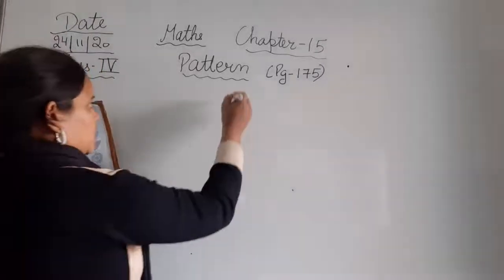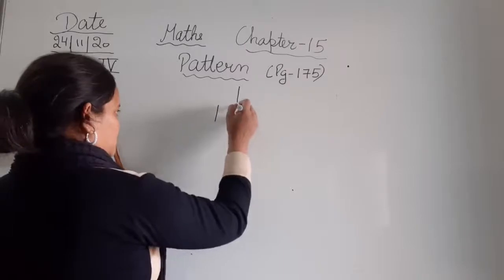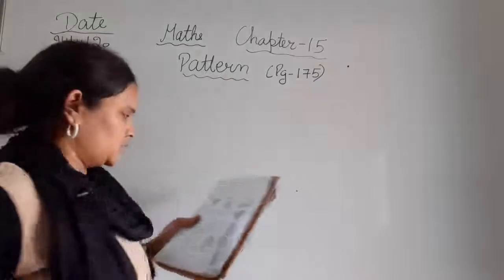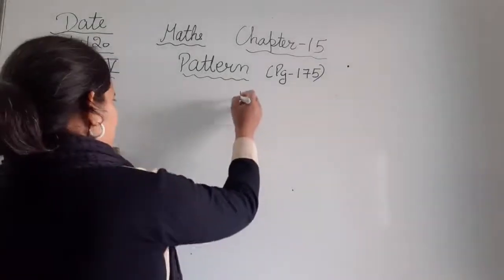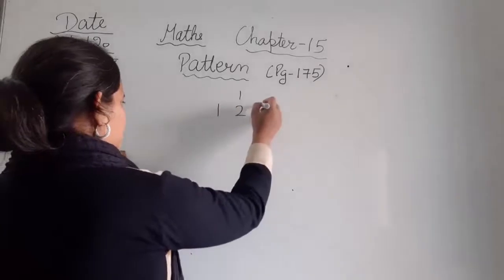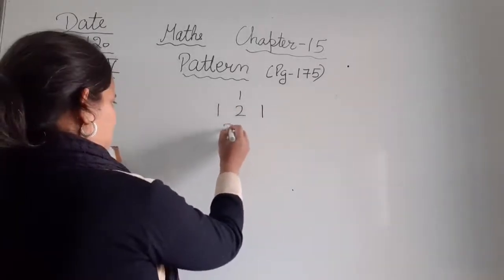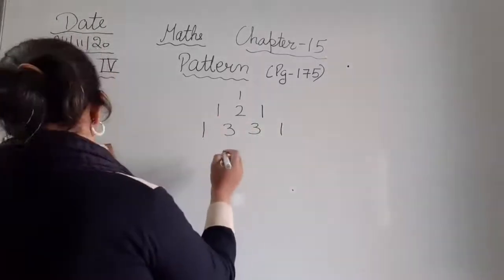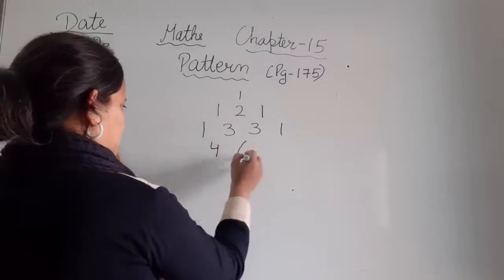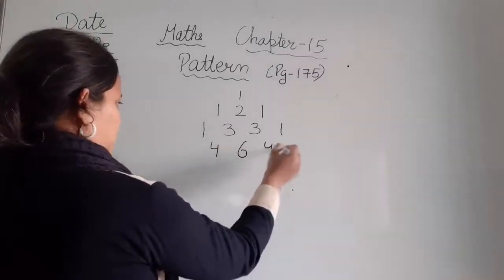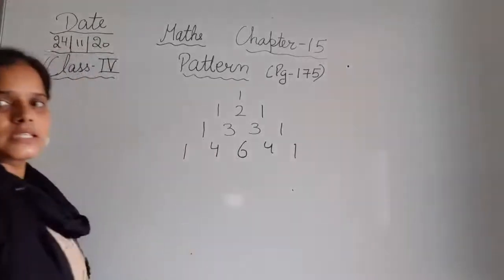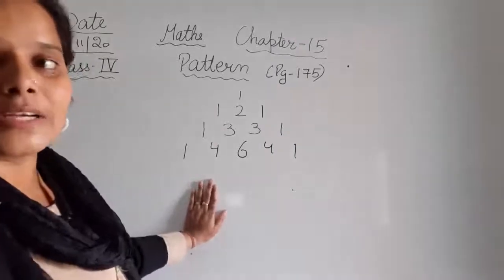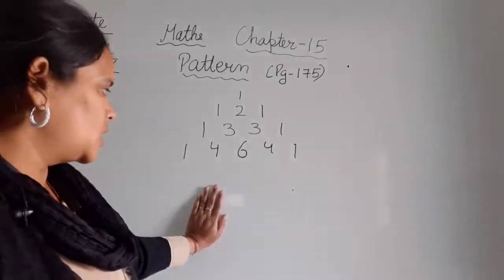It is 1 2 1, then 1 3 3 1, then 1 4 6 4 1. So this is the pattern that is being followed in this. Now we have to observe what kind of pattern is followed here.